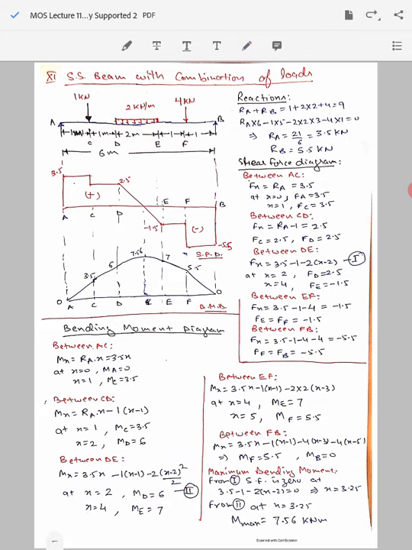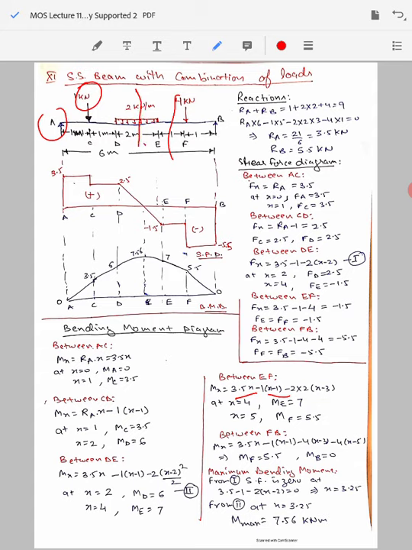Then you get the section EF, and in the section EF, when you cut the beam and you consider the left hand section, there will be a moment because of the RA, there is a moment because of the 1 kilonewton load that we already have discussed in the previous equations also, that remains the same. And then there will be a moment because of the uniformly distributed load. Now this time the entire load, 2 into 2, 4, will be acting exactly at the middle of the span, we can consider it.